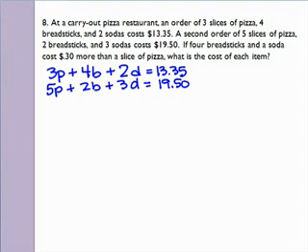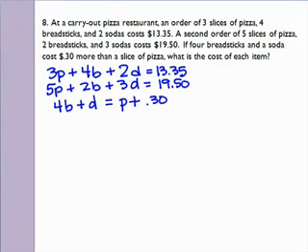And the next sentence is a little strange. It says 4 breadsticks and a soda, which is a drink, equals 30 cents more than a slice of pizza. So that's going to have to be the pizza plus 30 cents.